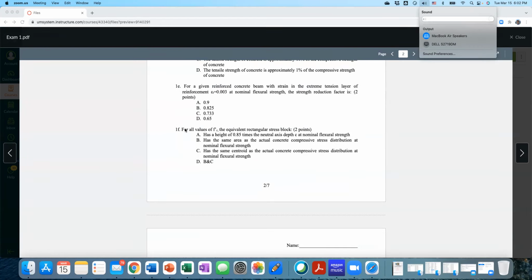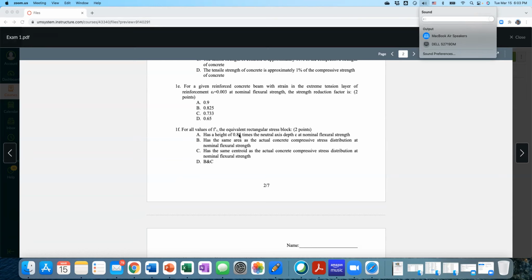All right, 1F, for all values of f'c, the equivalent rectangular stress block, that is the Whitney stress block. In an exam, I would just say maybe Whitney stress block, okay? So which one is correct? A height of 0.85 of neutral axis depth c at nominal flexural strength. So this is a equal to 0.85c, which you know is not right because that should be beta 1 c.